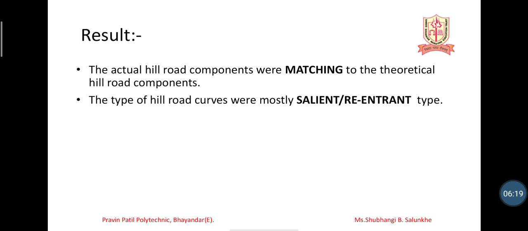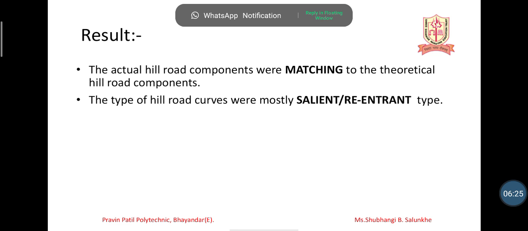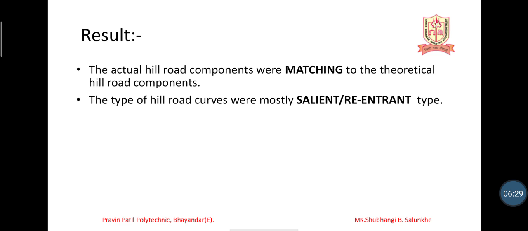Then the type of hilly road curve are mostly a salient curve or a re-entrant curve. If you visit hilly roads and you find a hairpin curve over there, mention that you have seen the hairpin curve, with a photograph. So you have to take a photograph and stick it over here.